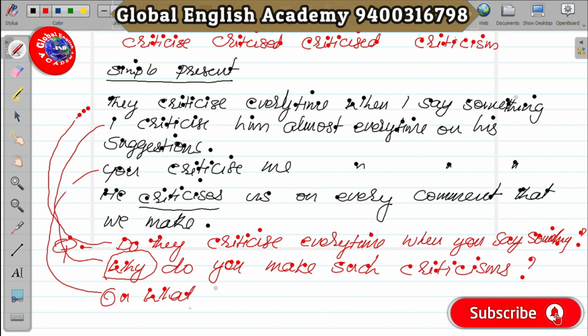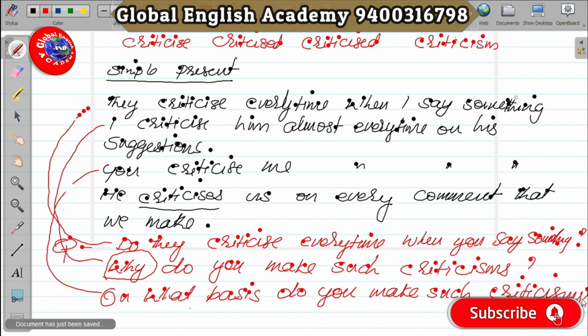And on what basis? We can just change the question to a different style. On what basis do you criticize, or do you make such criticisms? Noun form, criticism.